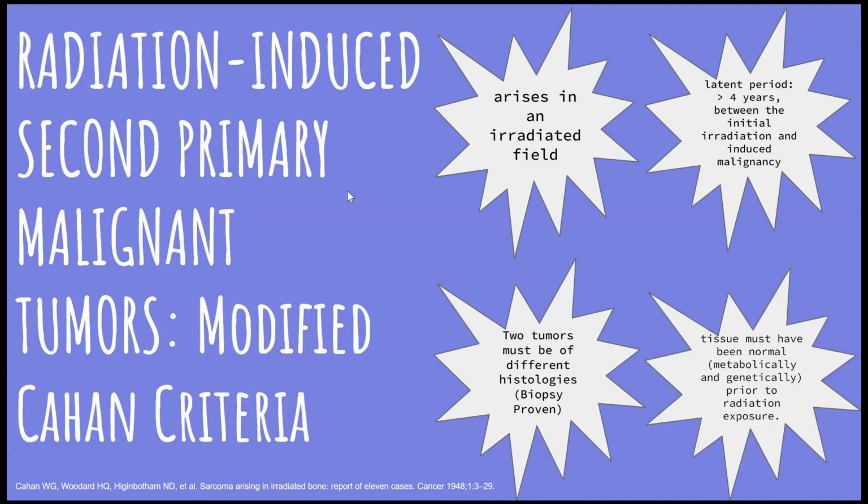And fourth, the tissue where the disease has come up was metabolically and genetically normal before radiation. The patient did not have any other predisposition to any malignancy. It all happened after irradiation. So this is one risk that all our patients face, and we should make them understand that such a thing is possible, though the probability is very low, but it is there.